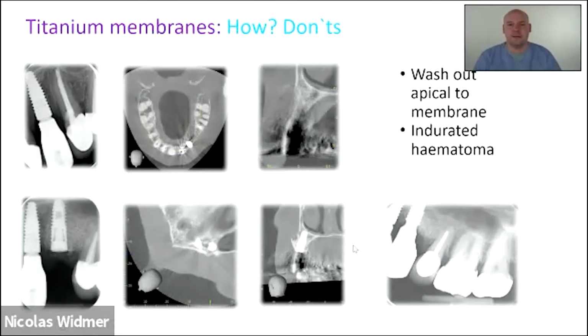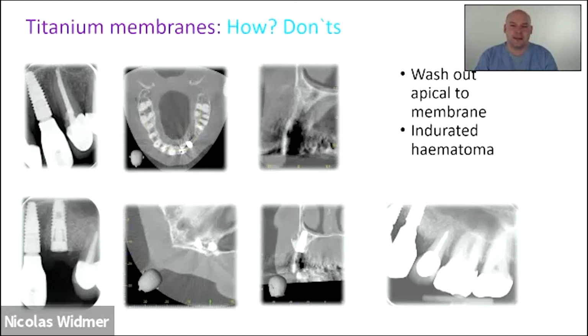But I also made a mistake. I cut the periosteum, and my titanium membrane was not very well adapted in the apical part. So the cut of the periosteum was about in the region of the border of the titanium membrane, and there can be a problem with the soft tissue.